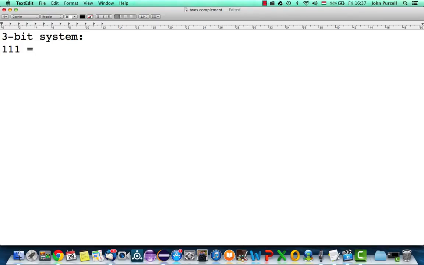And that equals, in this case, well, this is the least significant bit, we call it, because it represents how many 1s we've got, either 0 or 1. This is the most significant bit, which represents, in this case, how many 4s we've got, either 0 4s or 1 4. So this is 1 plus 1 times 2 plus 1 times 4.